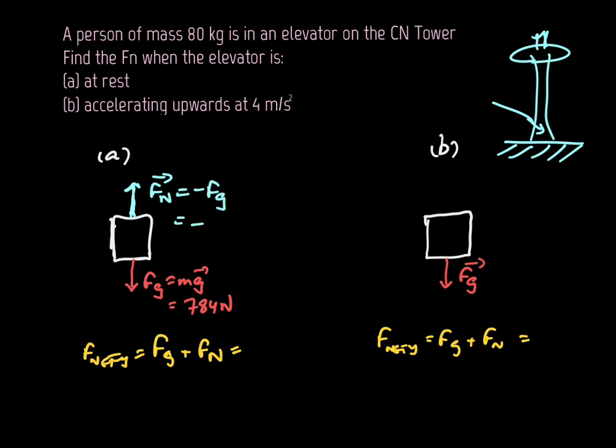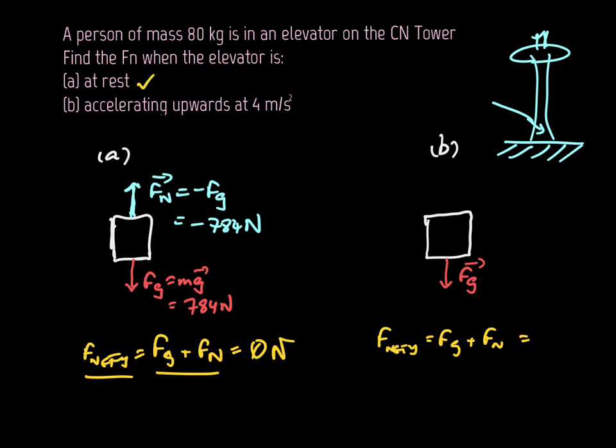And so in this case, it's just simply equal to 784. And the reason for that is because this Fnet y, which is the combination of forces, is equal to 0 because there's no acceleration. And that would be if the person's at rest or moving with a constant velocity.